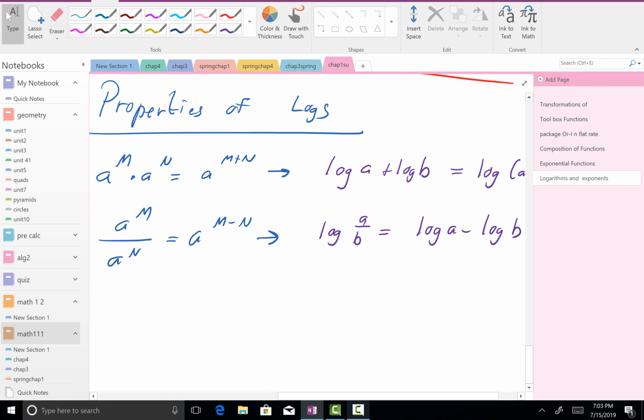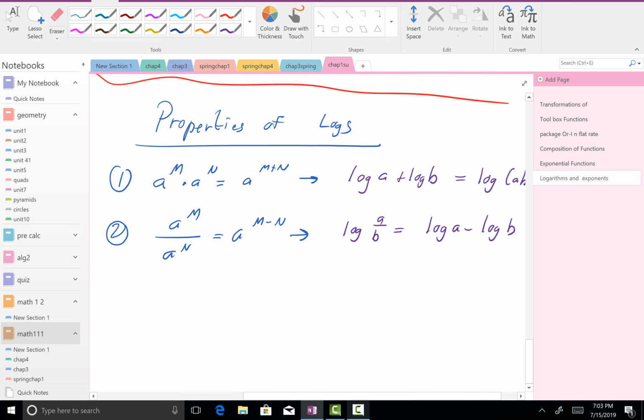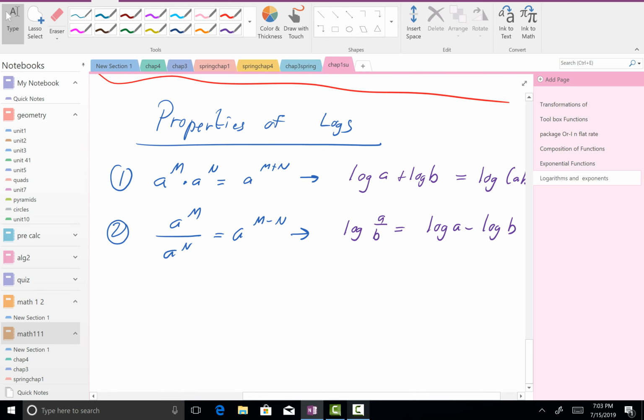So when we're dividing two exponential expressions, we subtract the exponents. When we divide something in a logarithm, we subtract the logs. Very similar to the properties of exponents.